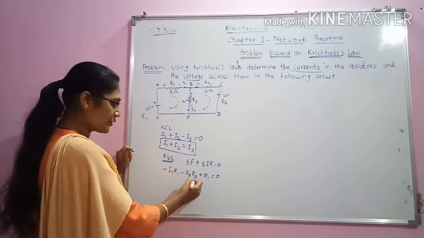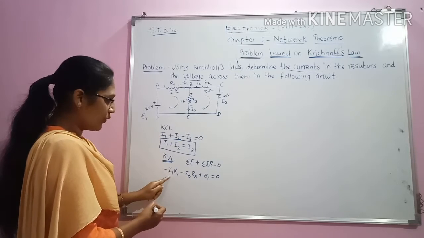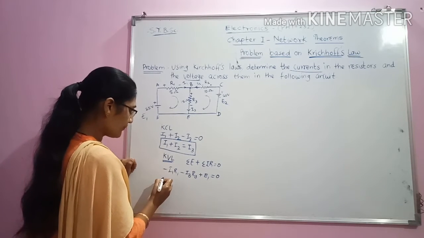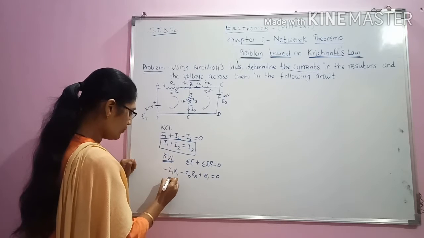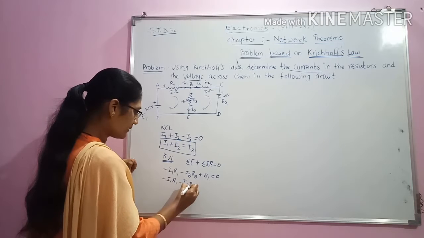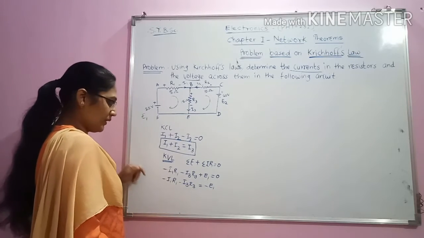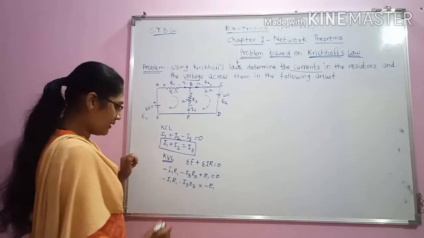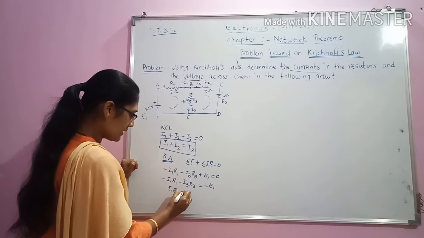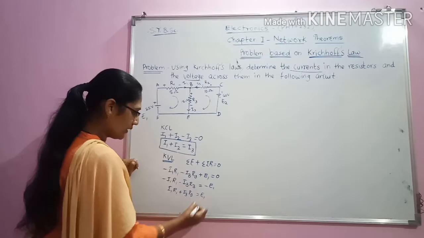So now we will substitute the values of respective resistances to find the voltage drop. So we will simplify this as minus I3 R3 is equal to minus E1. We will remove this minus sign, and we are left with I1 R1 plus I3 R3 is equal to E1.